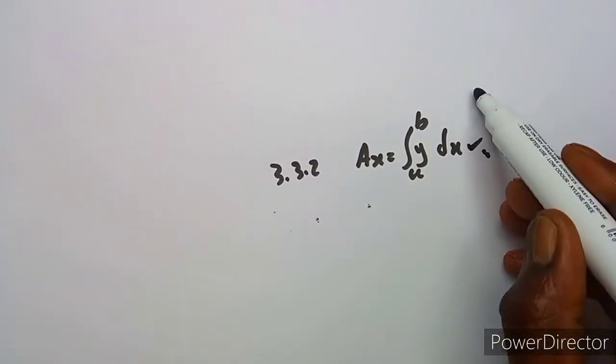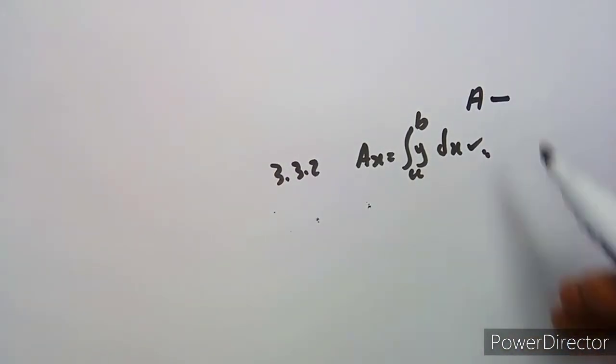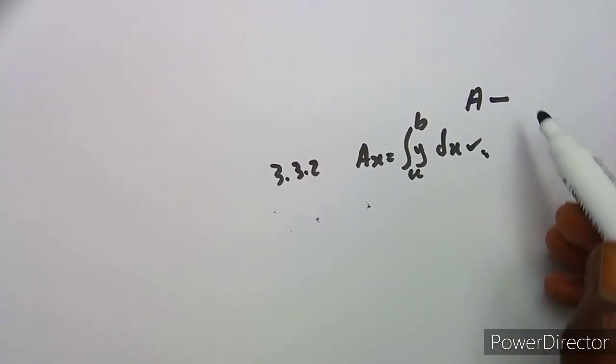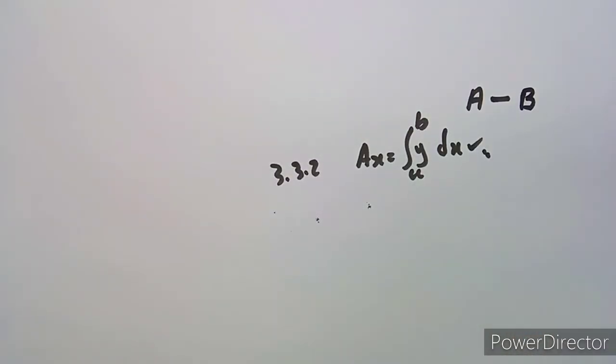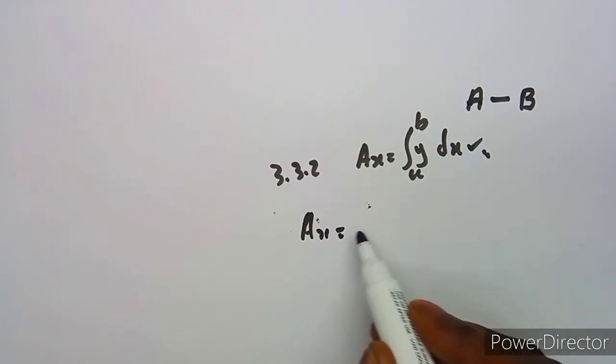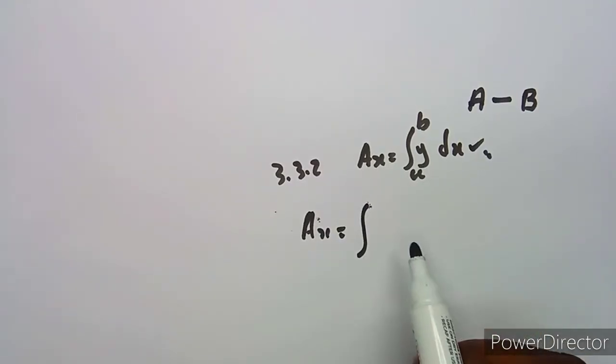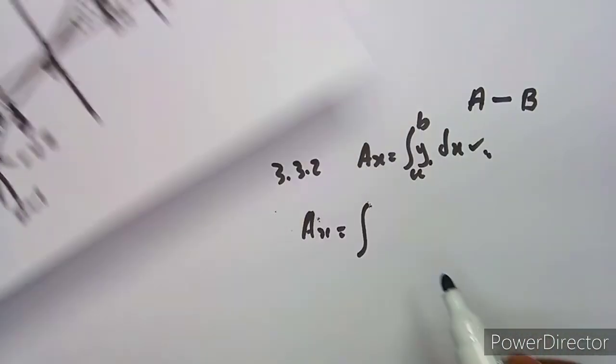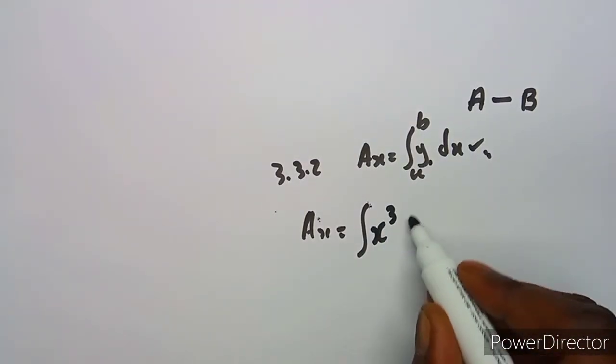So we are going to subtract A minus the area for B, which is a negative here, so that it can be a positive. So it's going to be A minus B, of which the integral of A is simply the area, because we are saying the integral of y here, which is x cubed. So it's going to be x cubed dx.